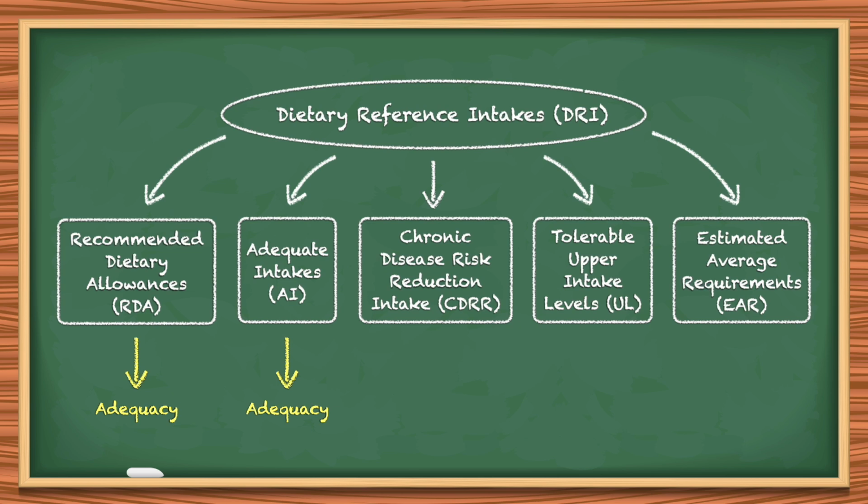The RDA and AI are lists that provide recommendations for adequacy, ensuring a person has enough of each nutrient to maintain health and body weight. The CDRR identifies nutrient intake levels associated with risk reduction from chronic disease. The UL provides safety recommendations, keeping individuals below risk for toxicity, and the EAR is used in research and policy.